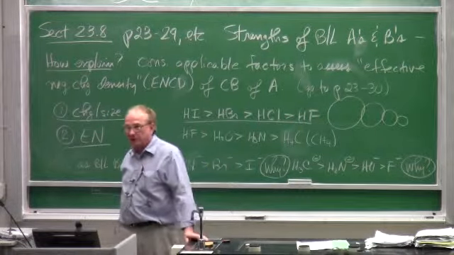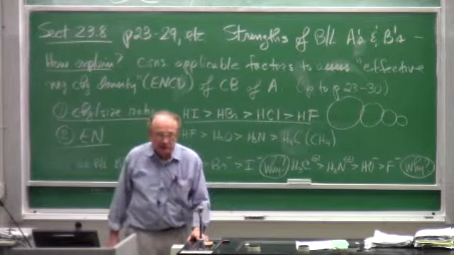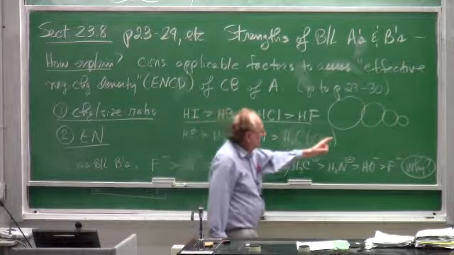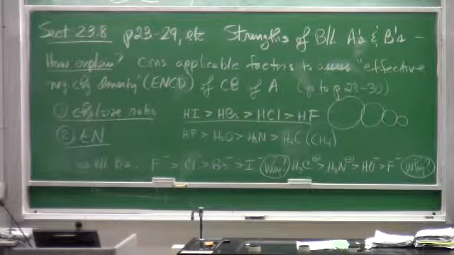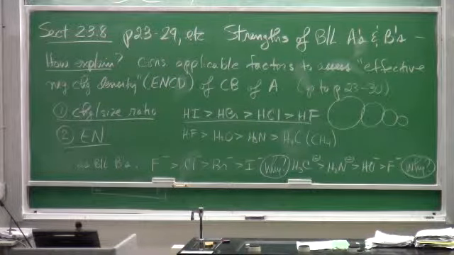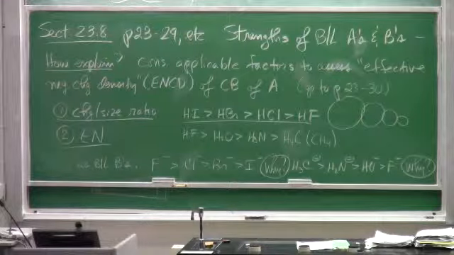Charge to size ratio is increasing substantially as you go from atom to atom. Now it's true that the electronegativity of fluorine is a lot greater than that of chlorine. But chlorine, bromine, and iodine have very similar electronegativities. Chlorine 3.0, bromine 2.8, iodine 2.5, 2.6, depending on which table you look at.